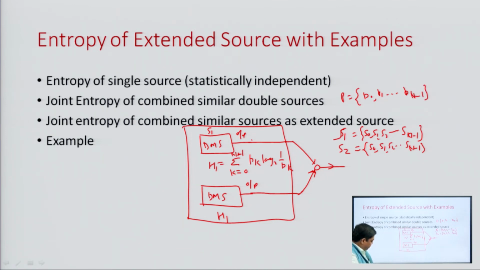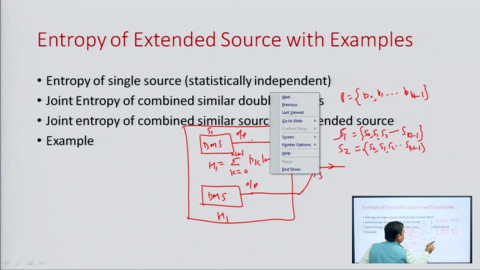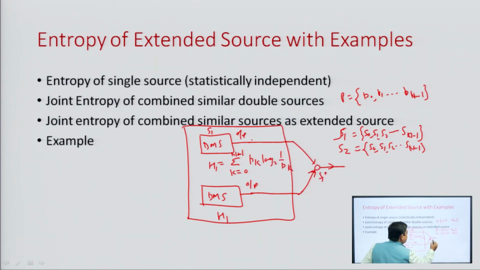Then at the joint output you get a symbol from source S1, then from source S2. Suppose here you get S0 and here also S0, then the combined symbol is S0 S0.